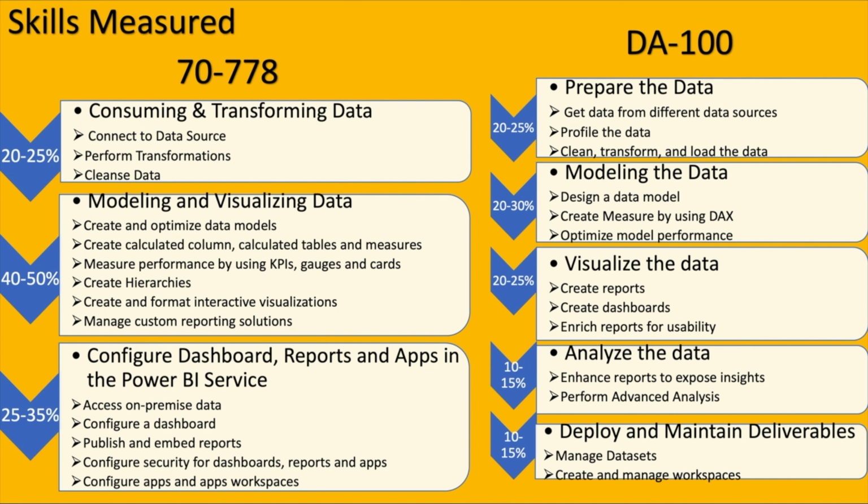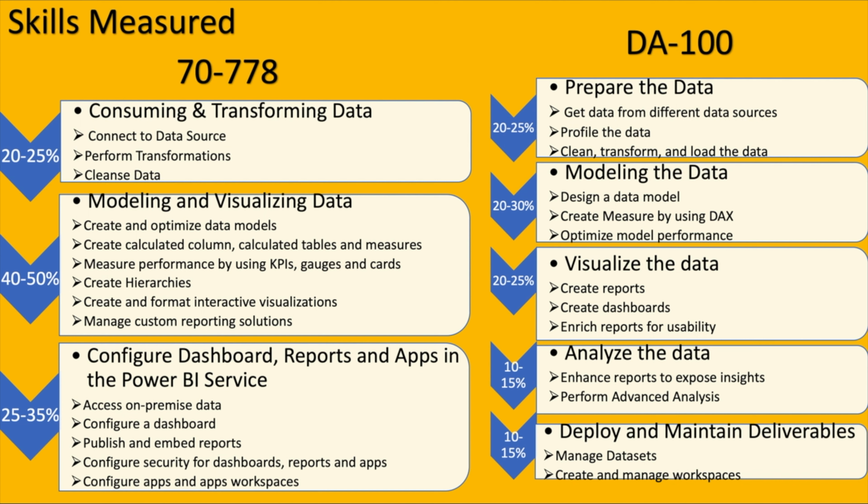Well guys, as you can see on my screen, I have listed down all the topics for the 70778 exam as well as the DA-100 exam. So you can clearly see the weightage of each section. For example, in the 70778 exam, you will notice there are only three major areas where Microsoft is going to analyze your skills.